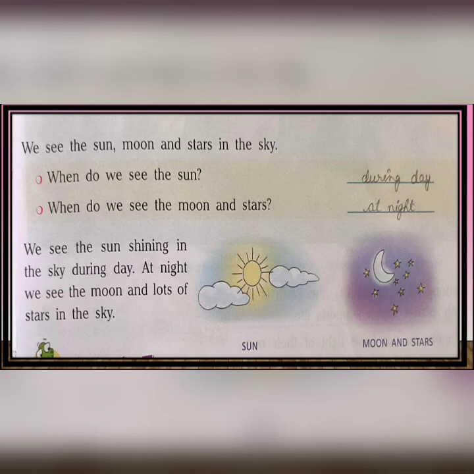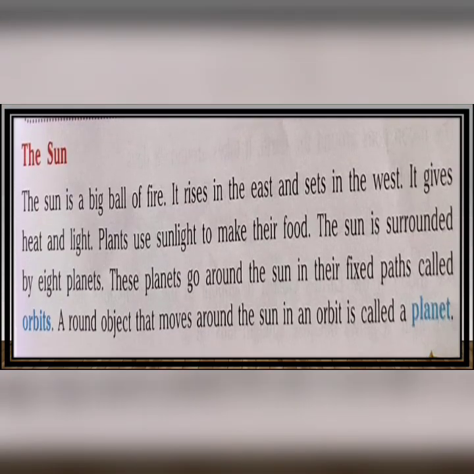During day we only see the sun shining, and at night we see the moon along with lots of stars twinkling in the sky. Now let us know about the sun.